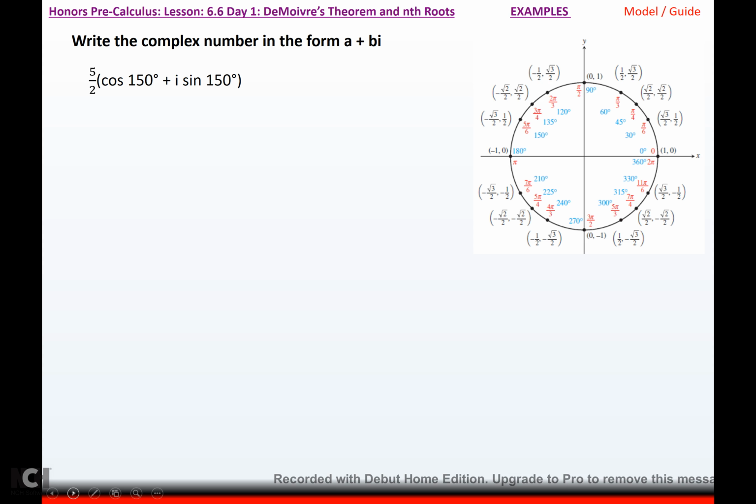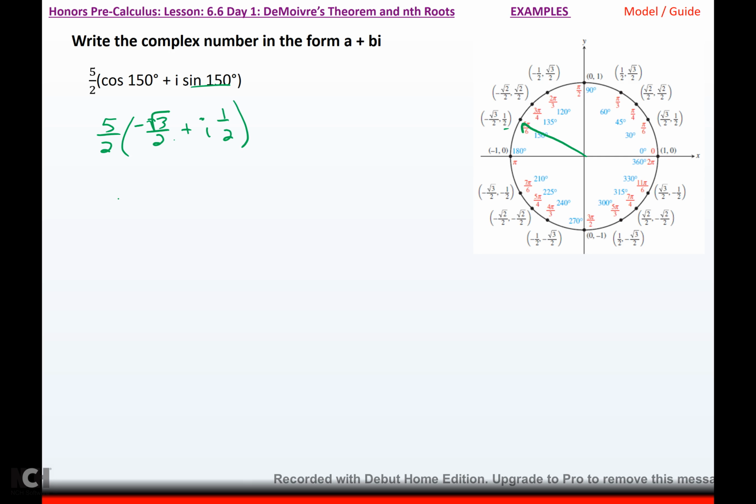Alright, on this one, I'm going to have 5/2 cosine of 150. There's 150. Cosine is x, which is negative square root of 3 over 2. Plus i times sine 150, which is 1/2.